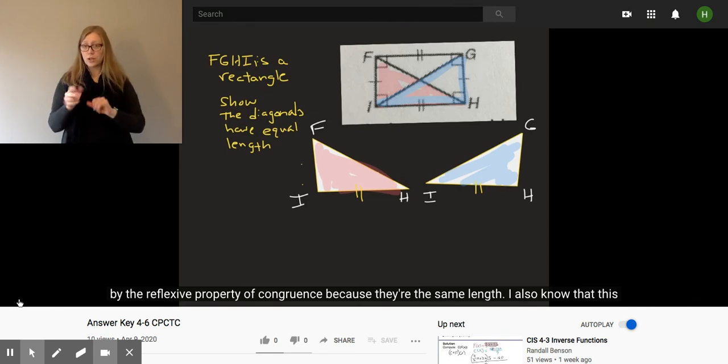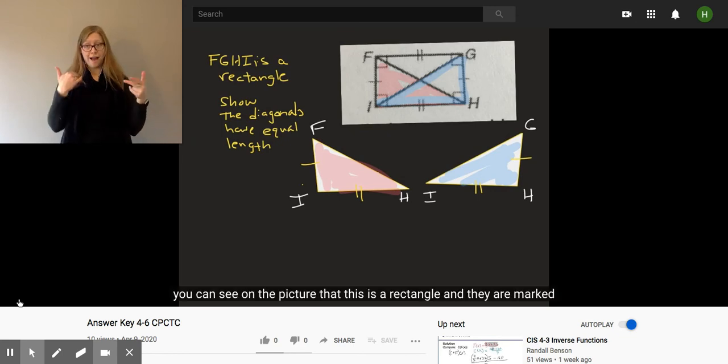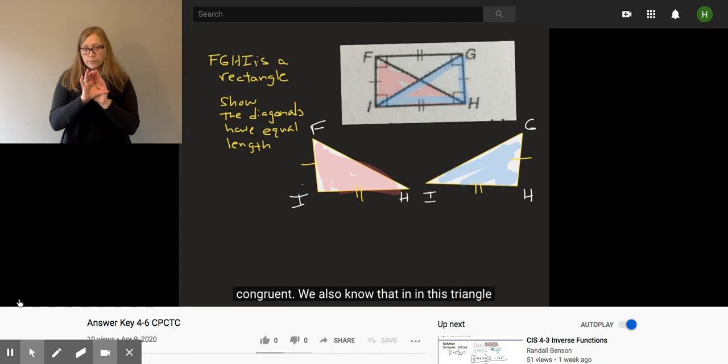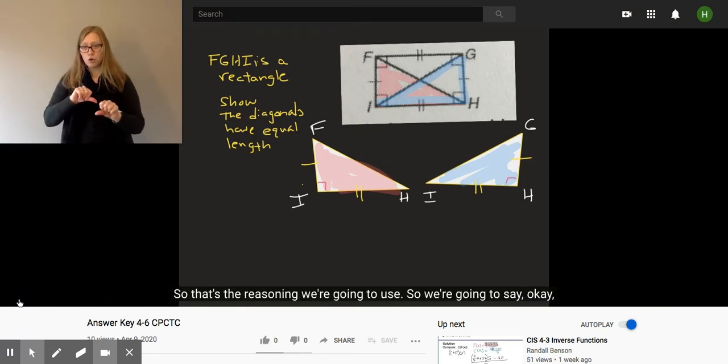I also know that this length FI, the side FI, is going to be congruent to side GH because you can see on the picture that this is a rectangle and they are marked congruent. We also know that in each of these triangles we have a right angle, and we know right angles are always congruent.